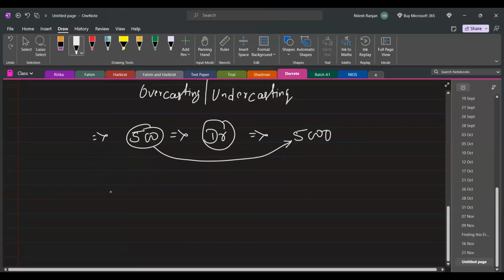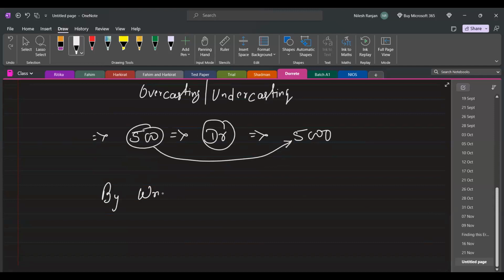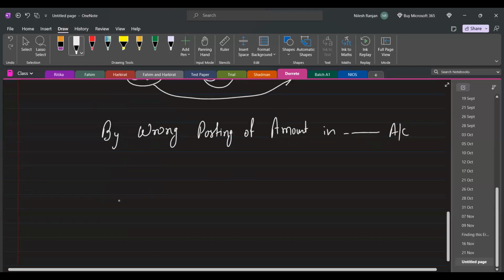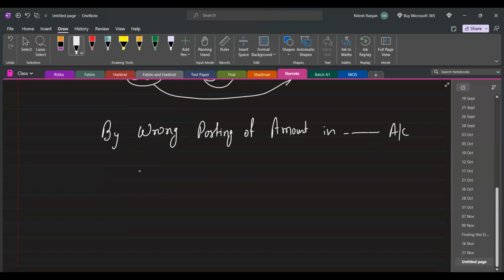So you will write here on the credit side, by wrong posting of amount, in whatever the account name is. Is this clear? Yes, direct. Yes, sir.